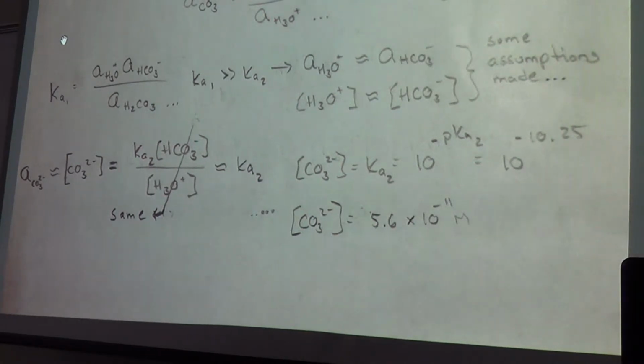For that, the pKa was 10.25, and so you take 10 to the negative 10.25, and that gives you a value for Ka of 5.6 times 10 to the negative 9.